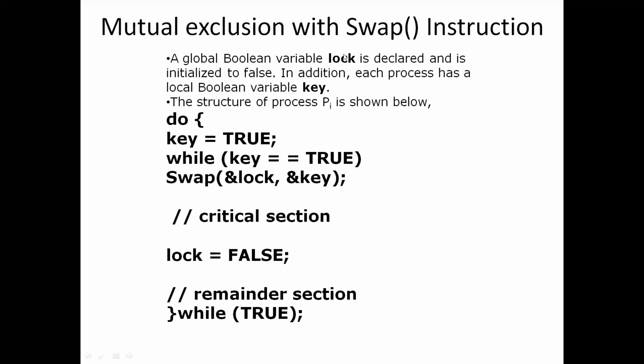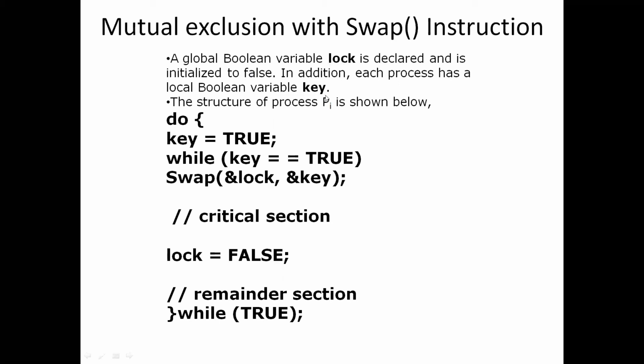Assume that the value false is stored at memory location 1000, and it is pointed to by the variable lock.